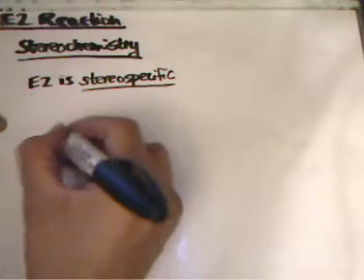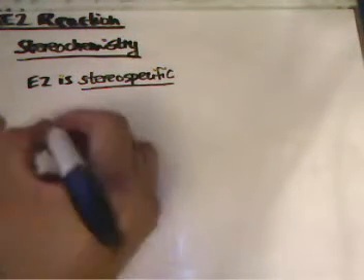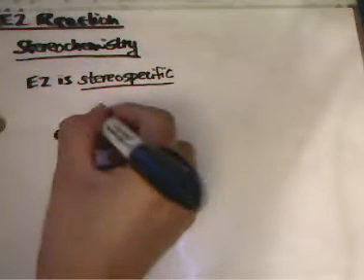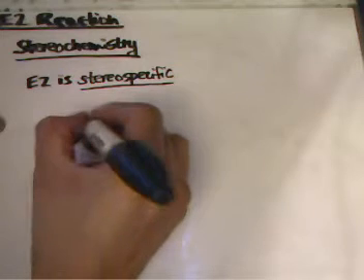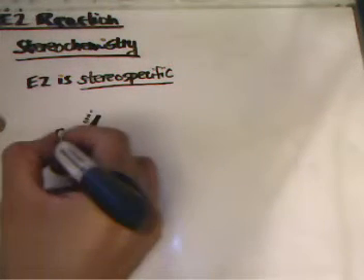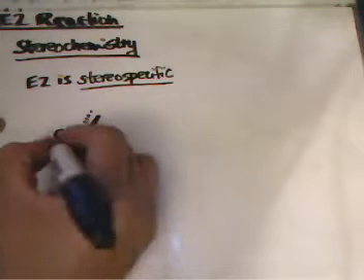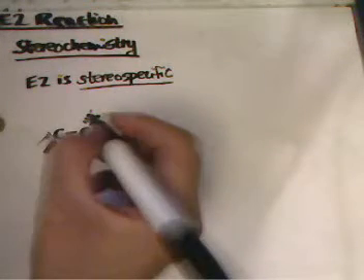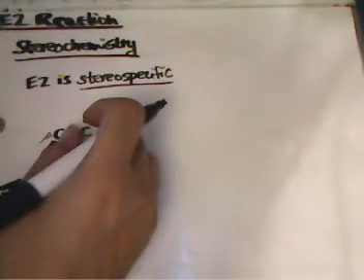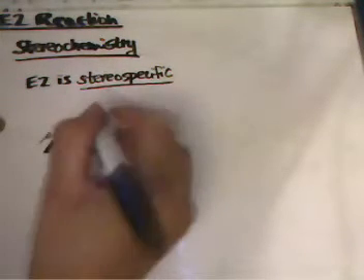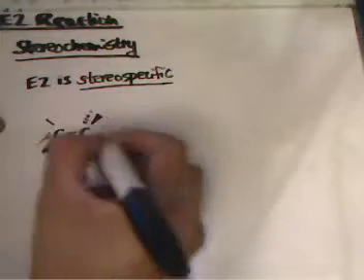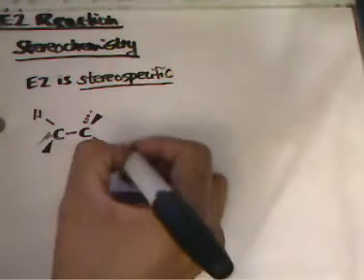So for example, if we have a carbon attached to another carbon, this is a hydrogen, and that's our leaving group.